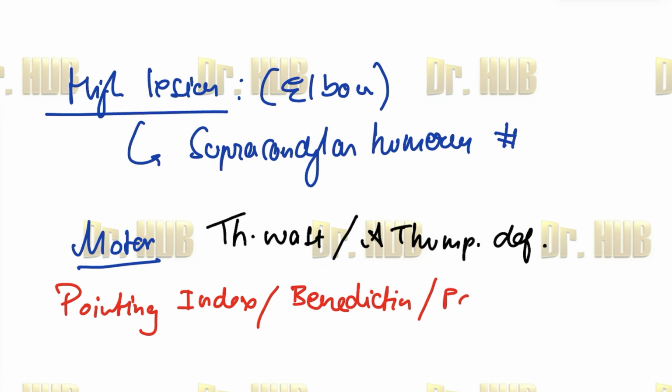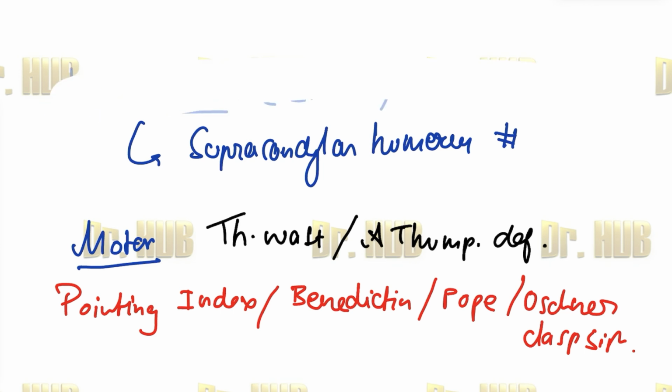Next, there is also the Pope or Ochsner's clasp sign. These are the motor manifestations.